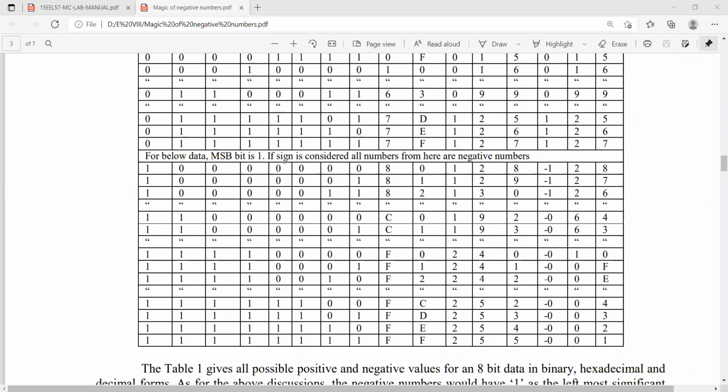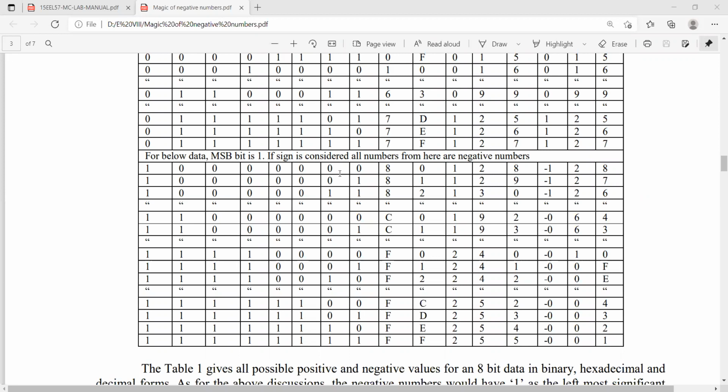Coming to the negative numbers. If it is a negative number, minus 1 can be represented in this format. This is 1, 0, with all other bits 0, which is 80, that is 1, 0, 0, 0. You can represent this in 2's complement form.